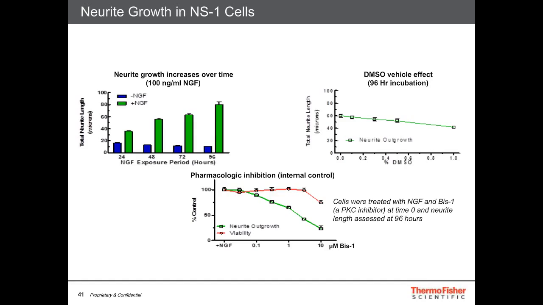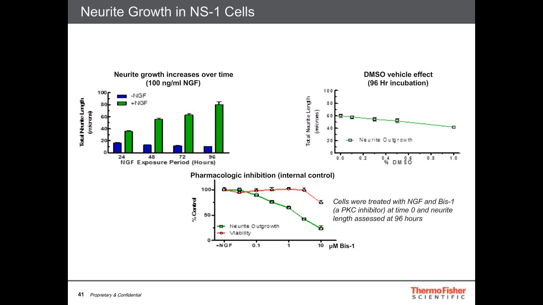Okay, and then finally, I wanted to just show, as far as the time courses and some different compounds that we did look at for control purposes. In the upper left-hand corner, what we're looking at here is with and without nerve growth factor at that saturating dose of 100 nanograms per milliliter.